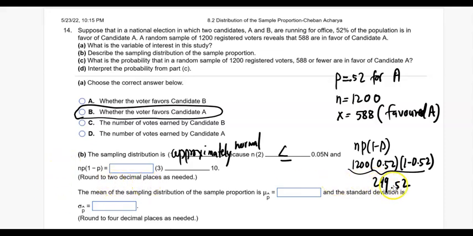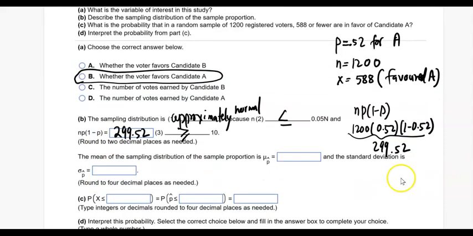So np(1 minus p) equals 299.52, which is greater than or equal to 10. Since these two criteria are satisfied, the sampling distribution of the sample proportion is approximately normal.